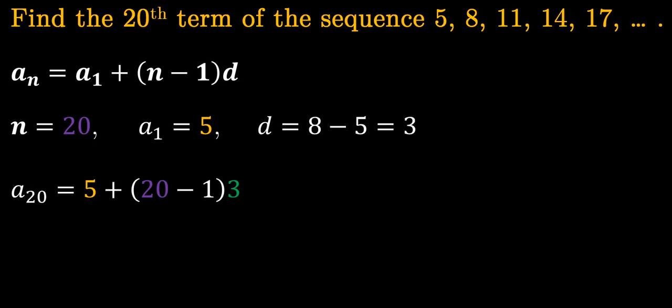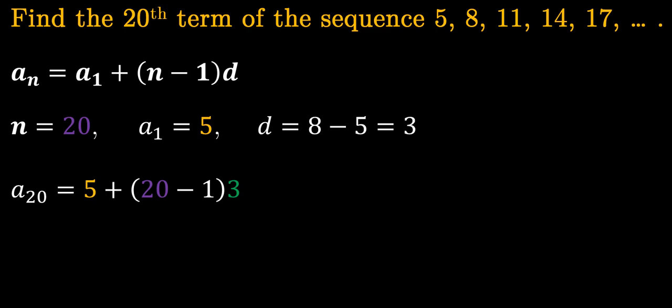And our d, since we know this is an arithmetic sequence, we simply subtract any two terms: second term minus first term, or third term minus second term. In this case, 8 minus 5, the second term minus the first term, equals 3. So d is equal to 3.